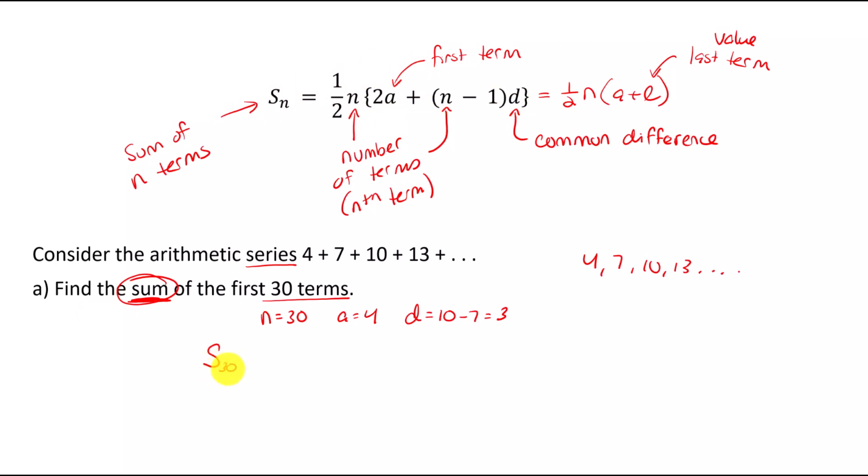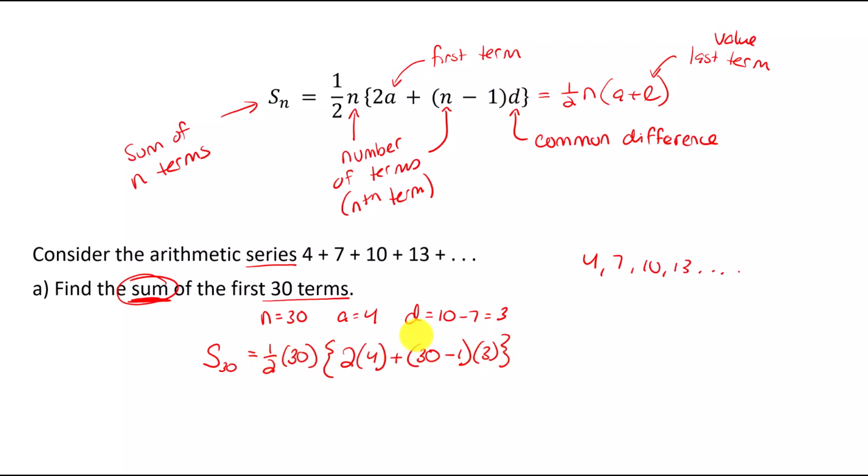So I'm just going to write S sub 30, and 30 is going to go everywhere you see n: 30 over 2 times (2 times 4, plus 30 minus 1, times my common difference of 3). I just took this formula and plugged in every value that I knew.